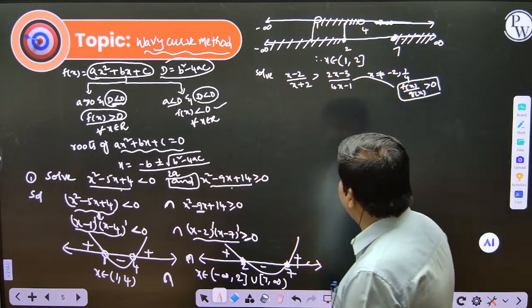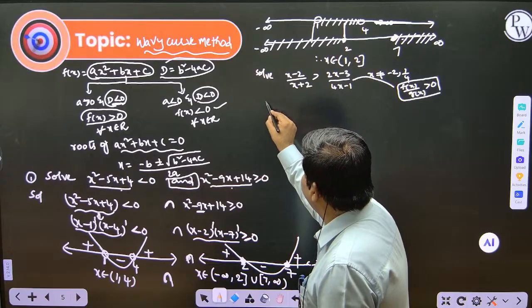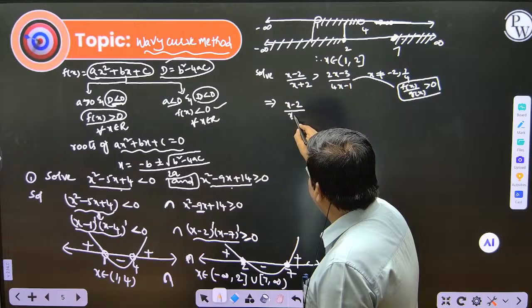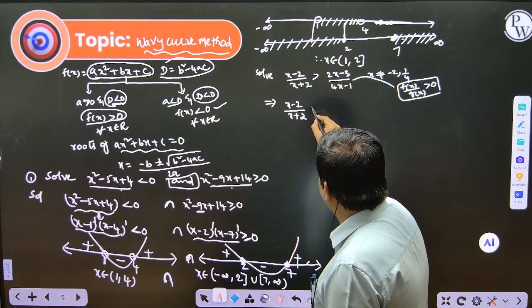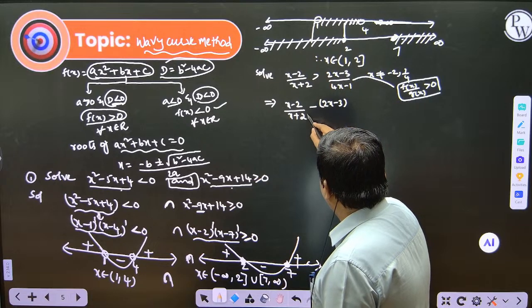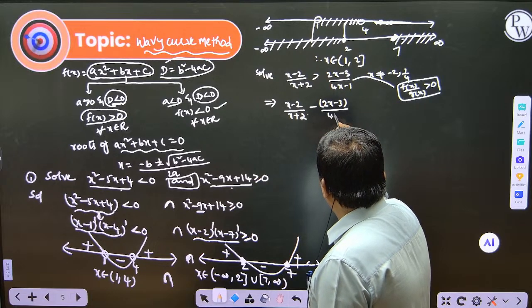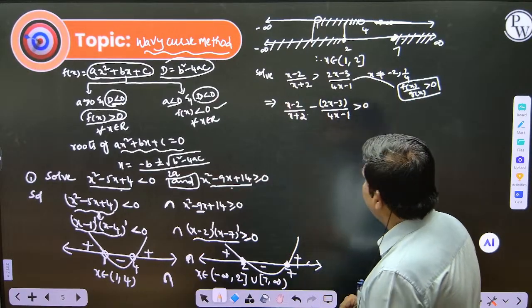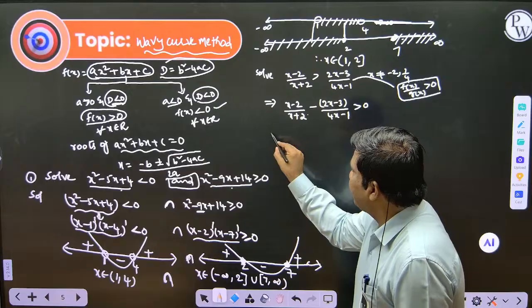So that's why what I am going to do here is, it implies (x minus 2) by (x plus 2), this also shifted to this side, minus (2x minus 3) by (4x minus 1) greater than 0. Later cross multiply it.